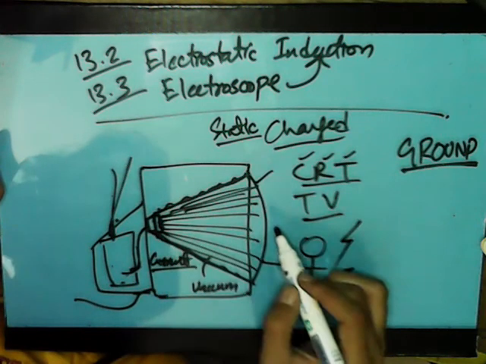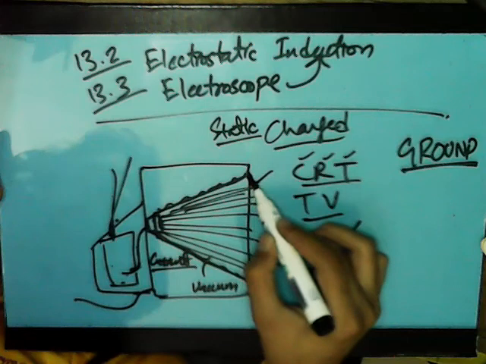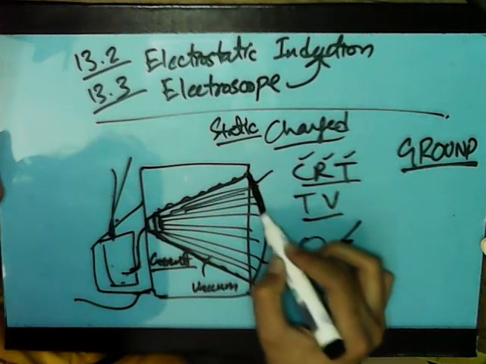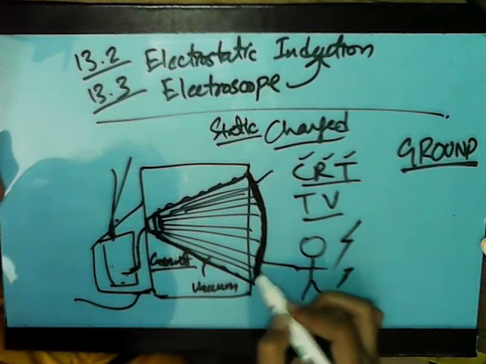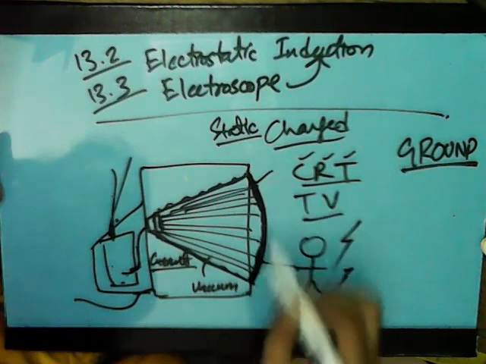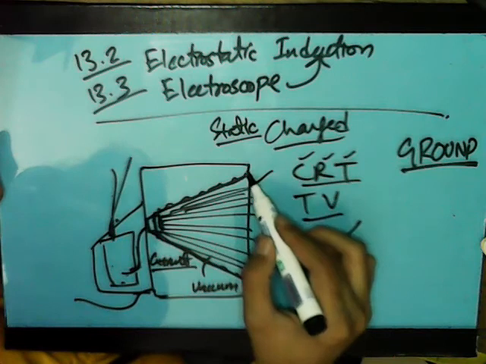There was a special powder or coating which we call a fluorescent coating, coated on the insides of these glass screens.